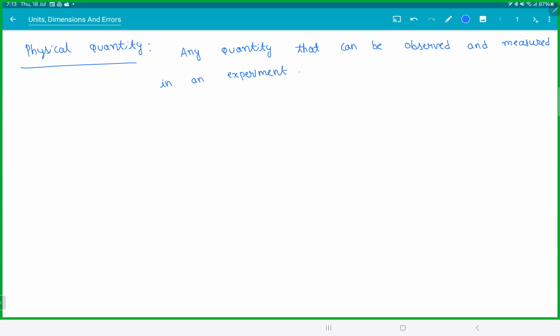For example, speed you can measure, energy you can measure. You can't measure fear. Getting it? Say a snake is chasing you, or a dog is chasing you. Both are scary. But can you tell me by what factor the snake is more scary than the dog? You can't say, right? You can't say the snake is 2.3 times more scary than a dog chasing you. Say you broke something in the house, your mom is coming to beat you, and your dad is angry with you.